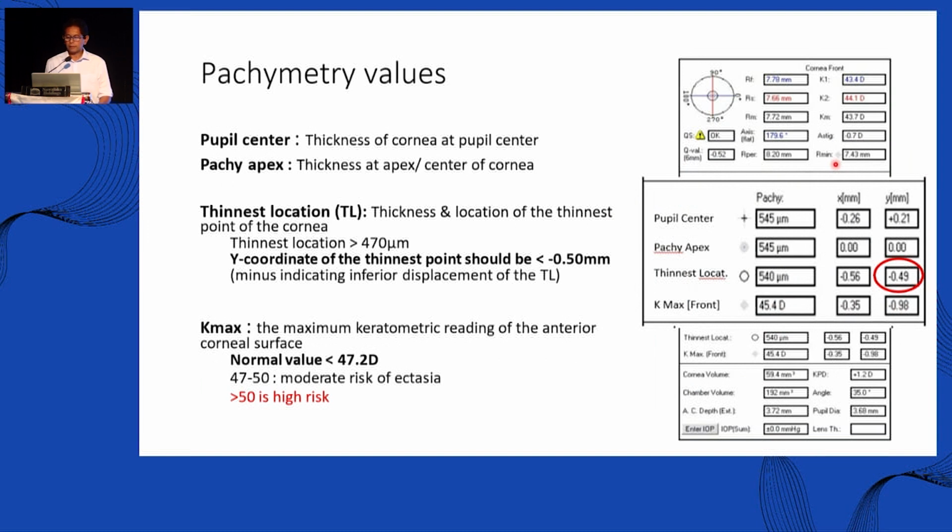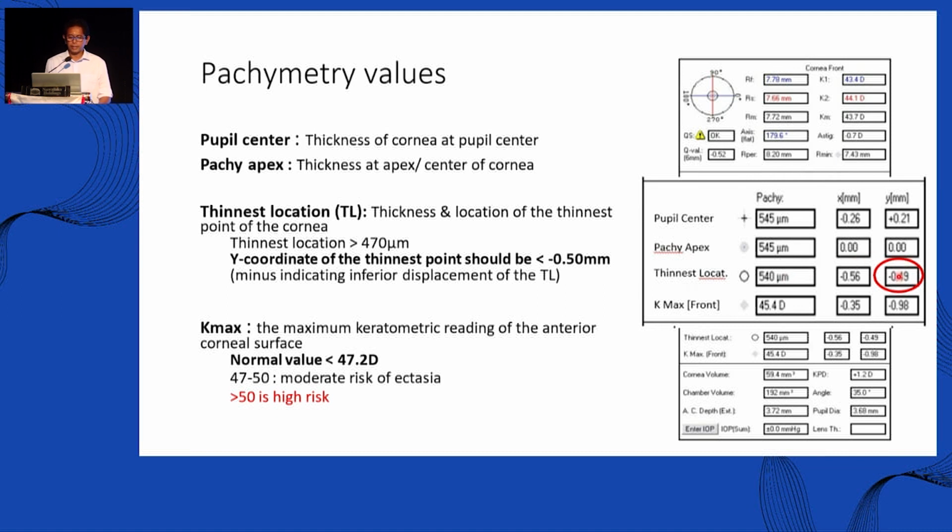So then you have the next column, looking at the pachymetry values. And this tells you the pupil center, the thinnest location here, the thickness at the thinnest location. So look at that. If it is less than 470, it is abnormal. So you should have a value above 470.